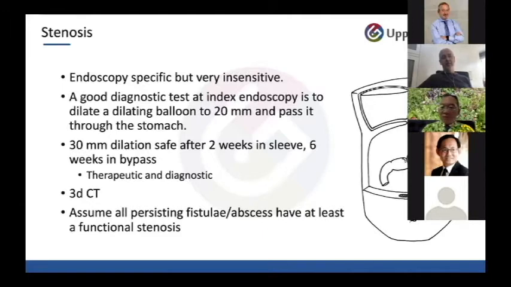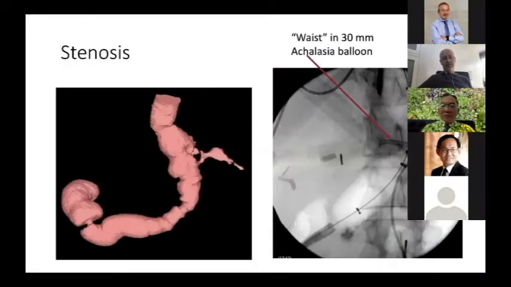If you've got a patient with a long-term leak, a 3D functional CT can also help assess the leak in relationship to a stenosis. And I'd generally assume that all persisting fistula or abscesses have at least a functional stenosis, if not a proper one. And this is what I mean by stenosis. You can see a 3D CT scan of a patient with a sleeve leak 6 weeks down the track.